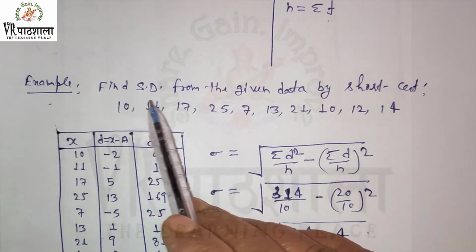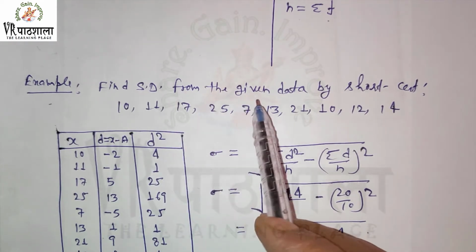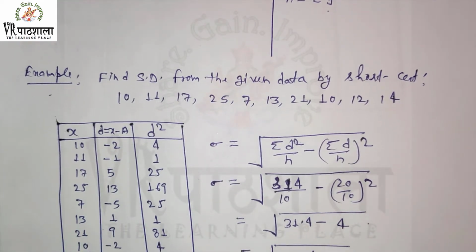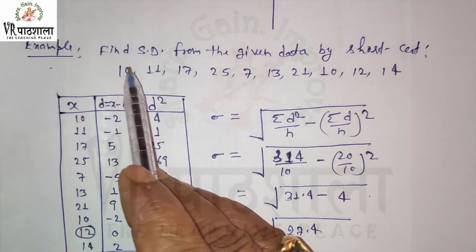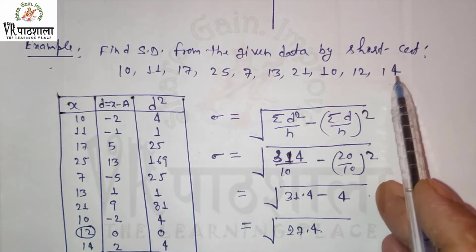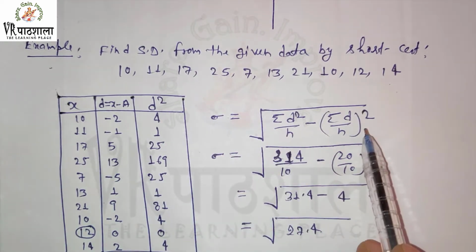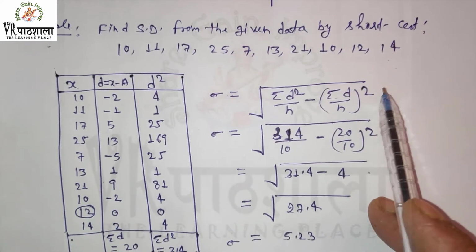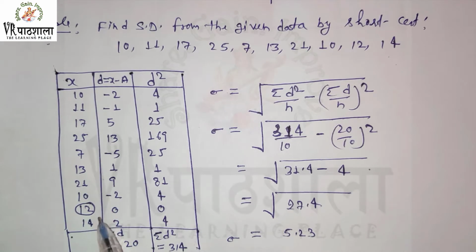The example is: find the standard deviation from the given data by the shortcut method. Here the individual entries are given, so the data is ungrouped data. First we arrange the data in vertical form.